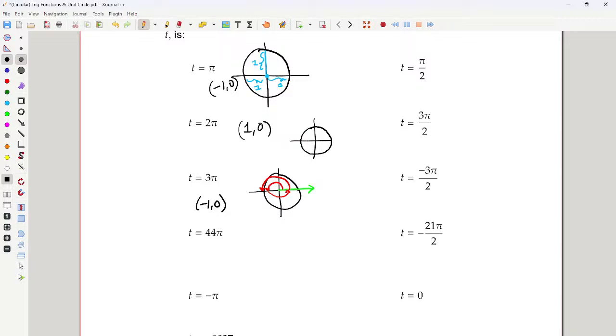So 1, 0. Negative pi, odd pi. Negative odd, doesn't matter, it's odd. We're all over there. This would just be a crazy amount of rotation. It would be literally 9,037 half rotations. I know it's a weird way of saying it, but they're not full rotations because pi is literally like a half rotation.